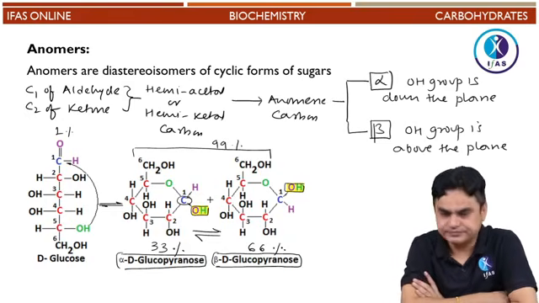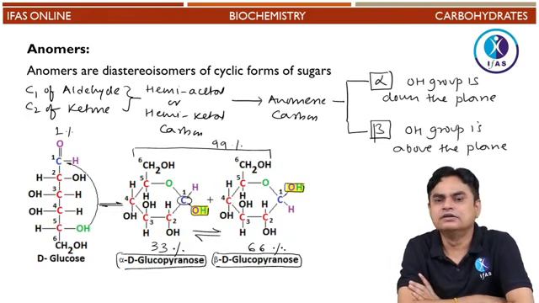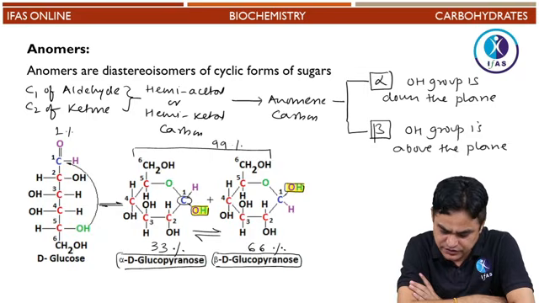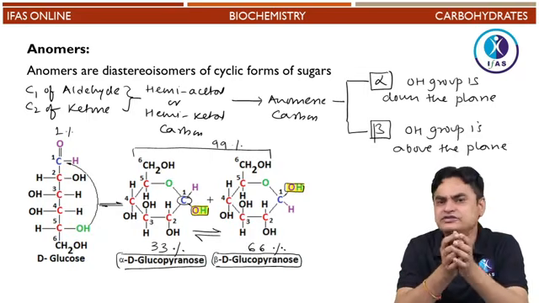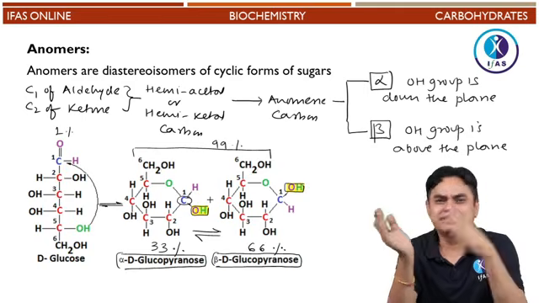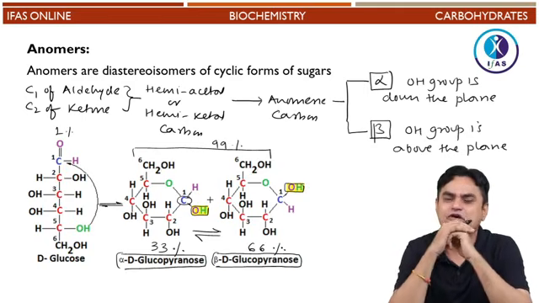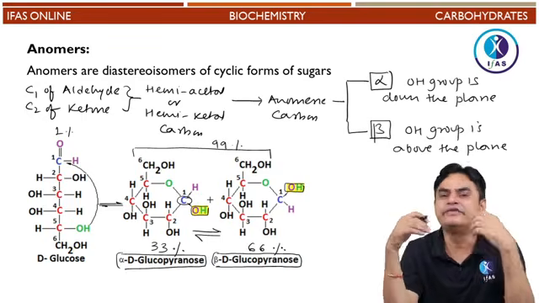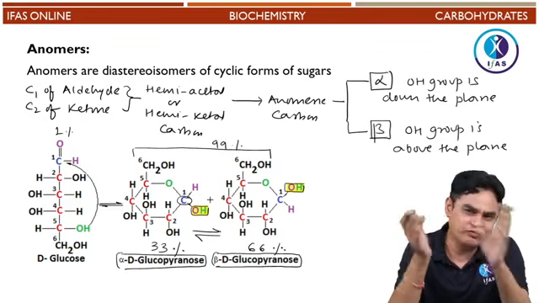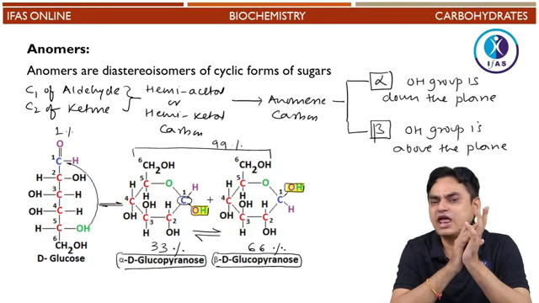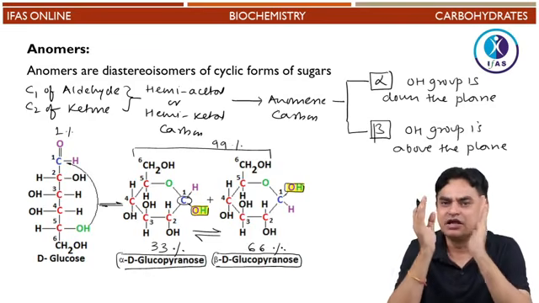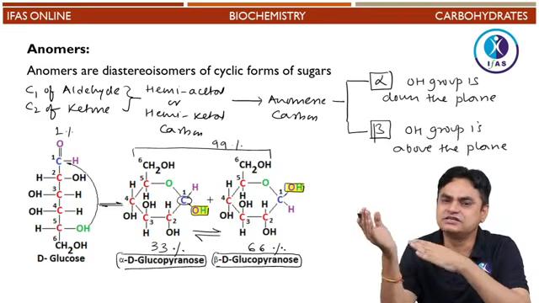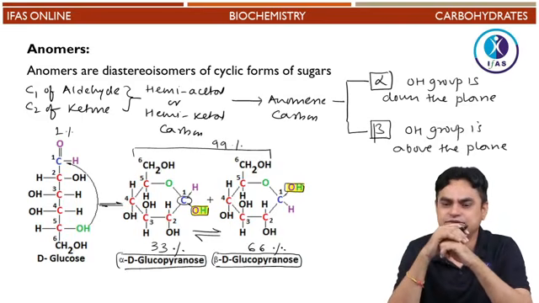Now, if you keep 100% alpha D-glucose in a test tube, you will find that with time, some portion of alpha D-glucose has been converted to stable beta D-glucose. And if you put 100% beta D-glucose, then also some proportion of this will convert to alpha D-glucose, and finally you will get an equilibrium ratio of 1:2. That is 33% would be alpha D-glucose and 66% would be beta D-glucose. Okay.